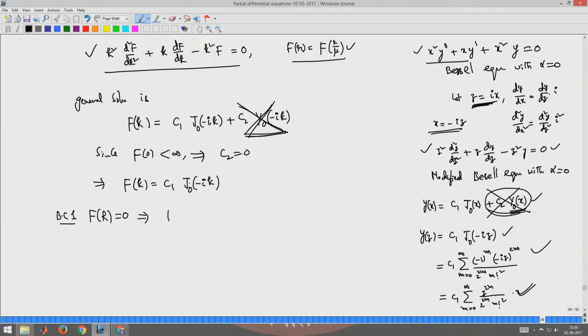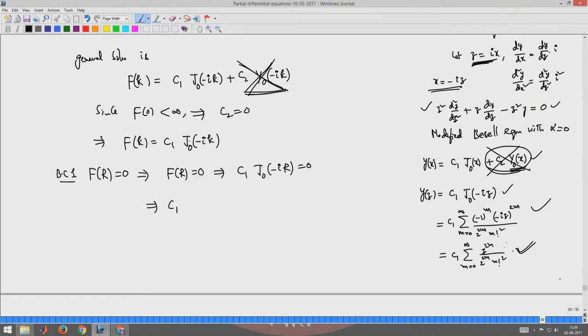this implies f of r has to be 0. So, that means C1 times J0 of minus I capital R has to be 0. This implies C1 times what is J0 of minus IR, you simply replace in this sum. So, you have a summation m from 0 to infinity, z power, that is r power 2m divided by 2 power 2m into m factorial square.